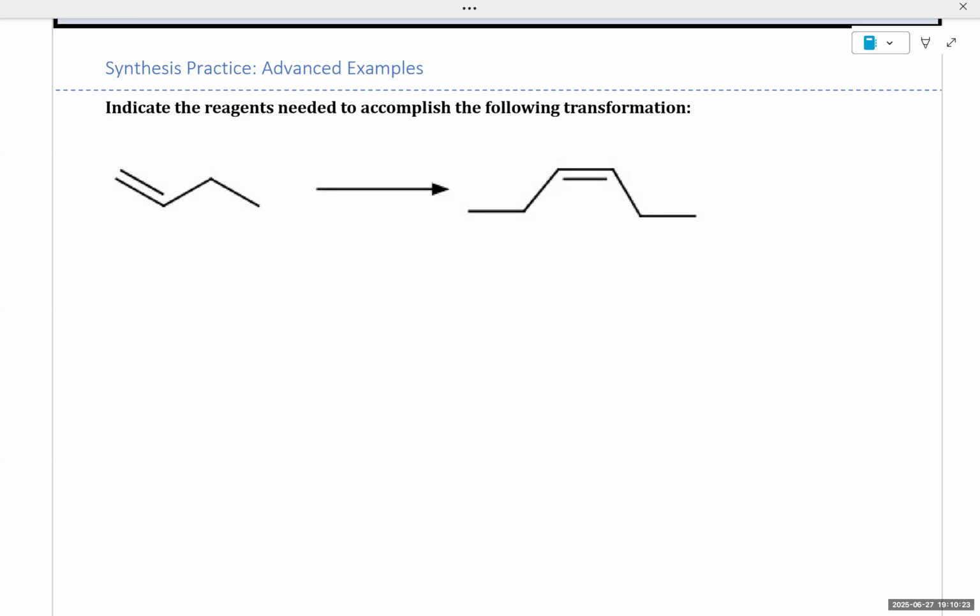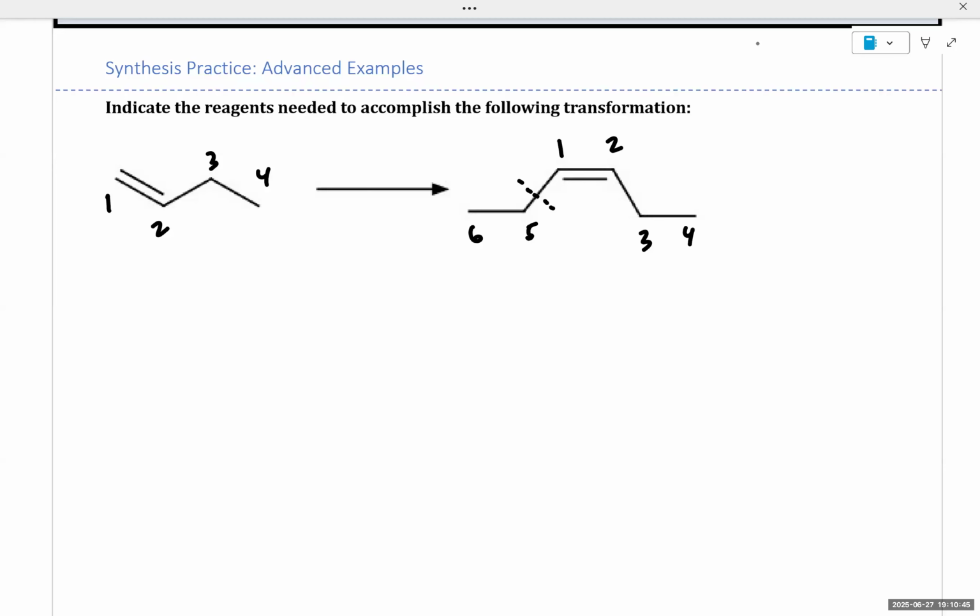Okay, so retrosynthetically, 1, 2, 3, 4. 1, 2, 3, 4, 5, 6. Okay, so this is the new bond that we're forming. We don't have a lot of good methods to form carbon-carbon bonds from alkenes directly.